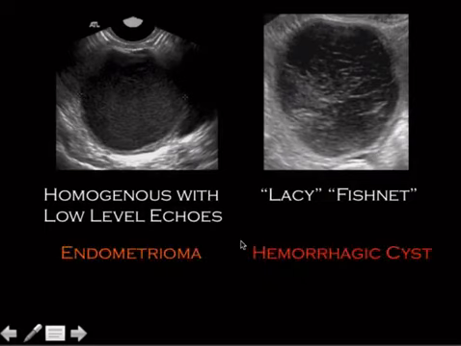The way I keep these straight is, I think about a clot that's evolving, and as it evolves, it breaks down, and that's what creates that fishnet or lacy appearance. So retracting little parts of the clot, as opposed to the endometrioma, which you should think about as a big, giant piece of chocolate that's very homogeneous.